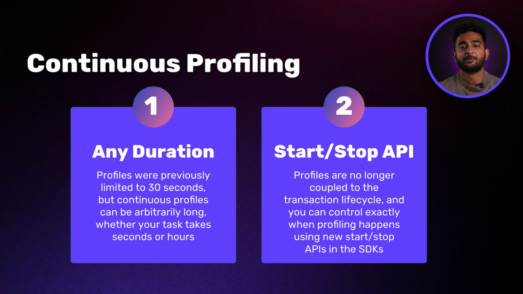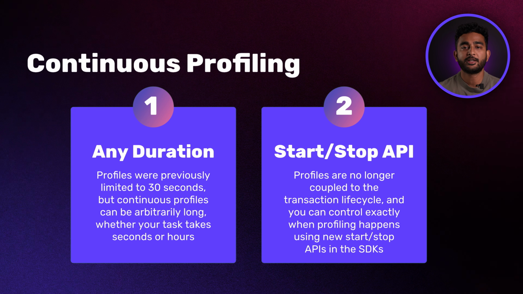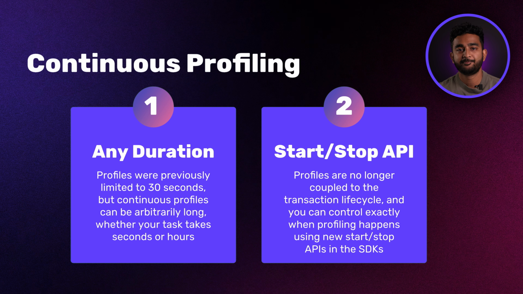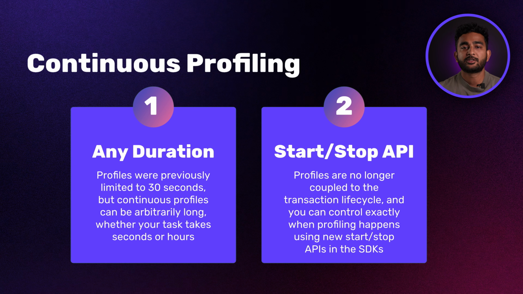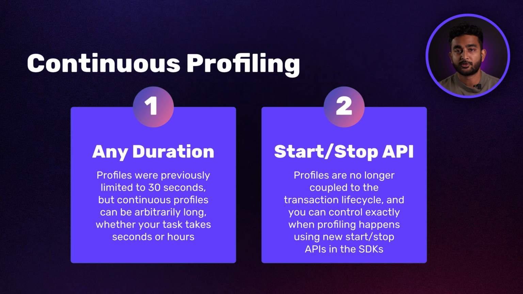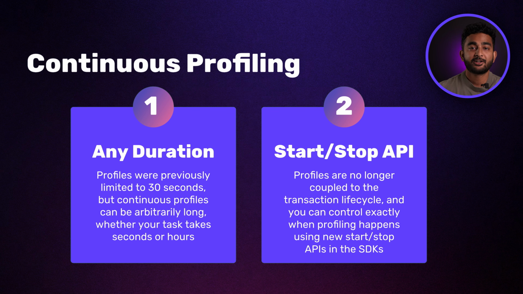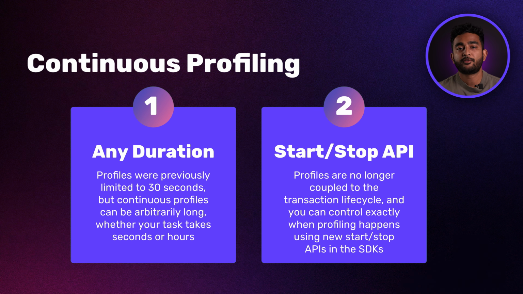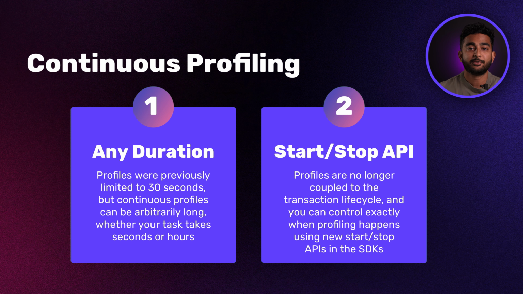You now also have complete control over when the profile is running with the addition of new start-stop APIs in the SDK. The profiler lifecycle is now tied to the process rather than individual transactions. Instead of collecting separate profiles for every transaction, you can start a long-running profiling session that captures everything that's happening with no data gaps. Let's take a look at an example use case.